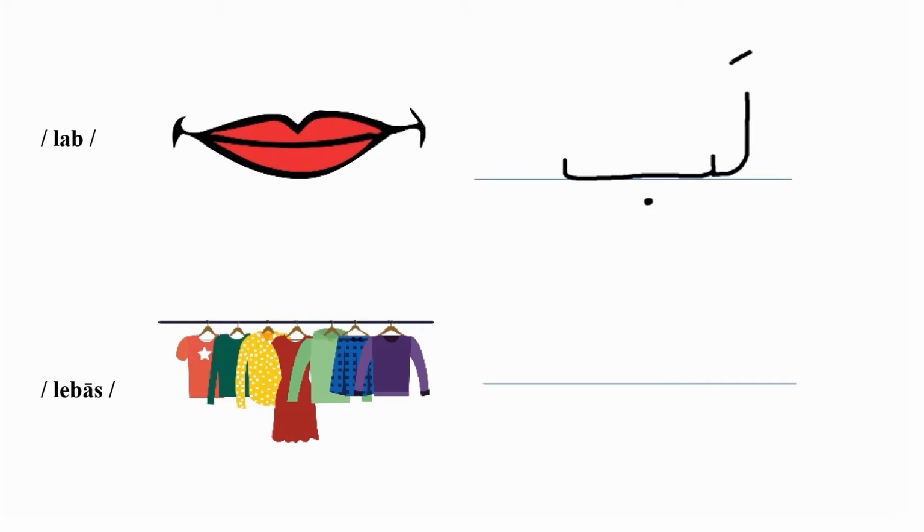And the next word is lebas, clothes. Lebas. So again we start with initial le, the short vowel e, then comes be, le, then comes a, leba, and then the final letter is se.